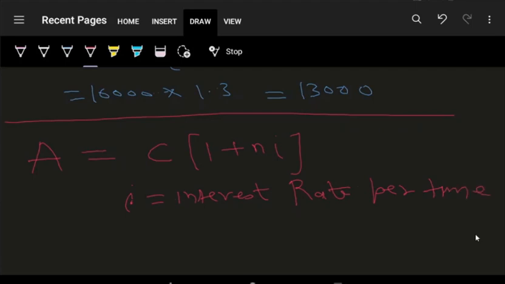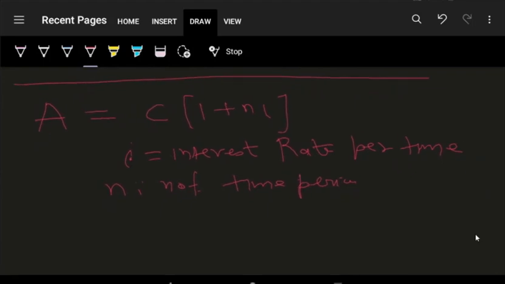I am using time period here instead of years because this time period could be anything. It could be years, quarters, months, weeks, whatever. And this n is my number of time periods, and C is my initial principal or capital.